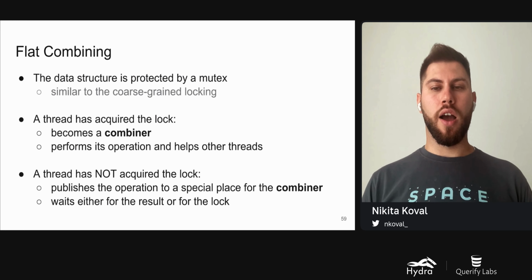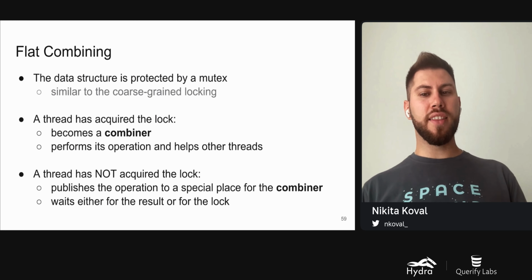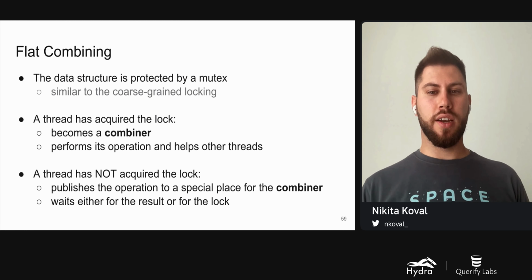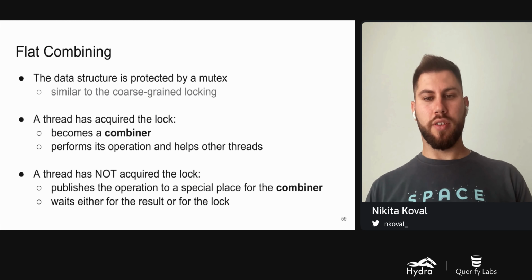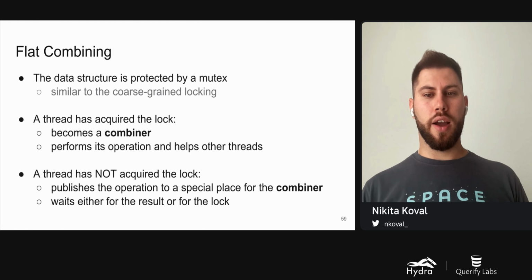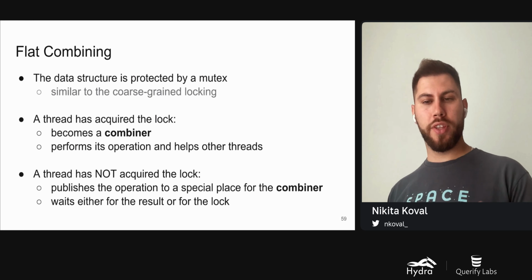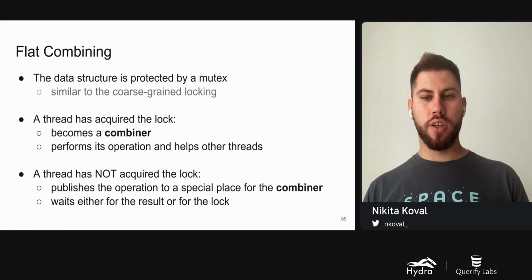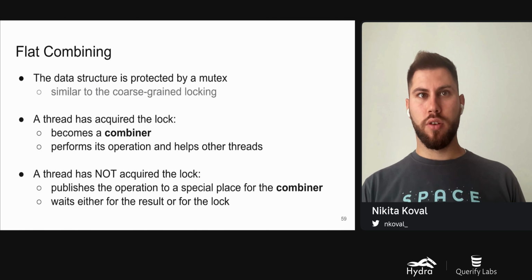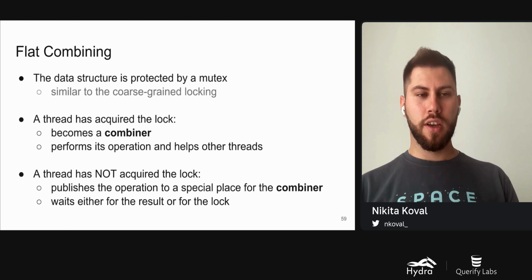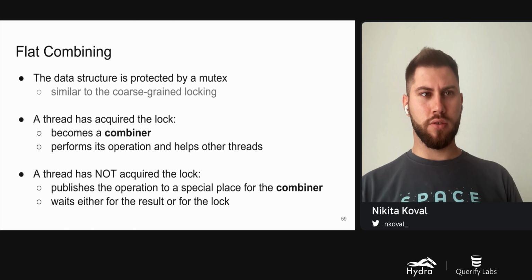And the idea is that other threads that haven't acquired the lock, because the lock is already held by another thread, instead of waiting for the lock, they publish the operation to a special place and say to the combiner, hey, could you please apply my operation?